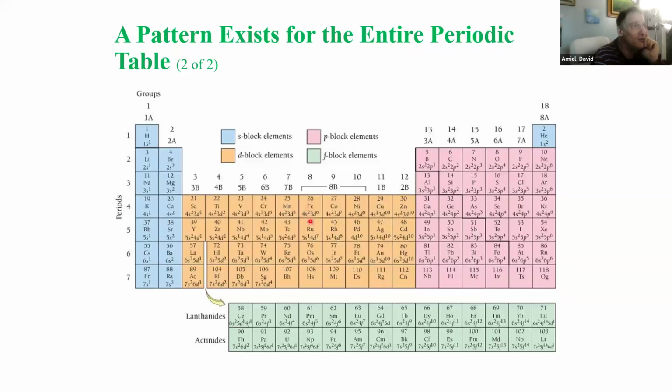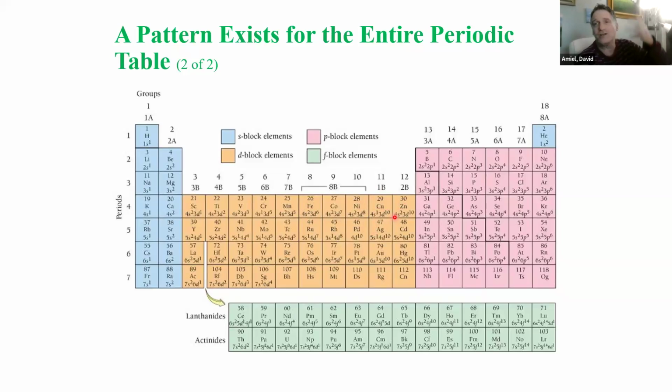Iron continues on like normal, 3d6, 3d7, 3d8, but look at copper. Copper does the same thing. It steals 1 electron from the 4s orbital and jacks it up to the d orbital to create 3d10.